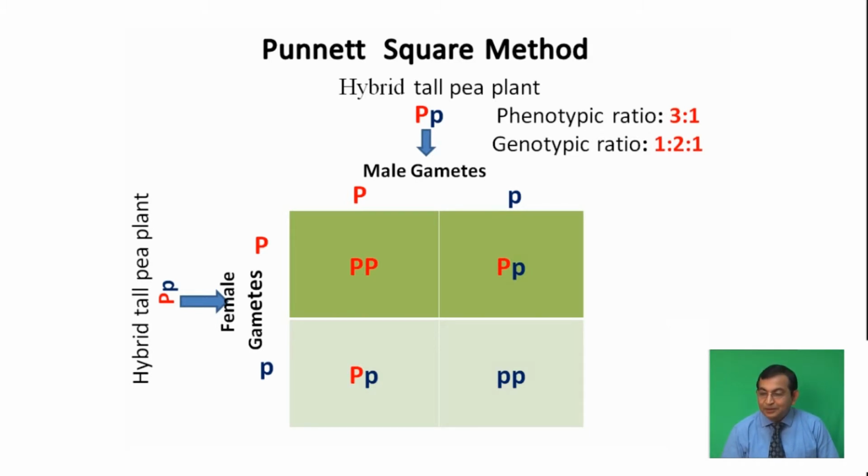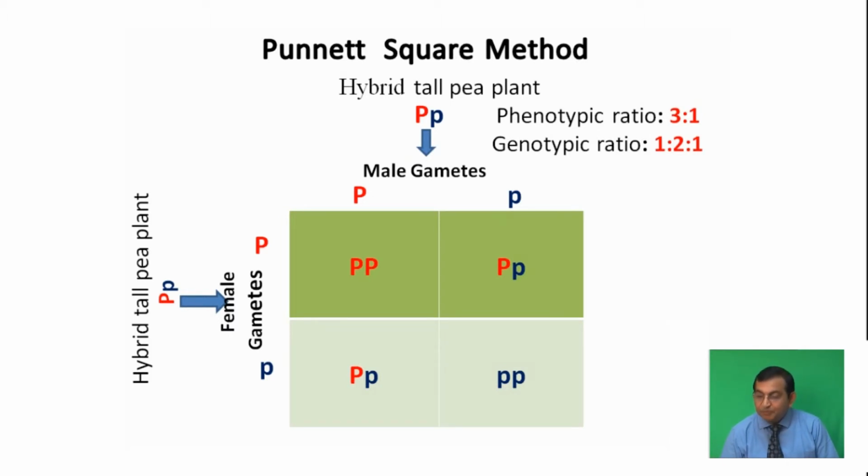Here the assumption is that the hybrid pea plant produces two types of gametes, male produces two types of gametes, capital P and small p, and female also produces two types of gametes. There are 4 boxes, and there is a probability of appearance of 3 categories of individuals, that is capital PP, capital P small p, and small pp.